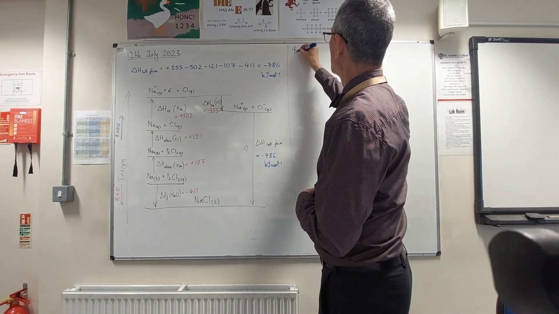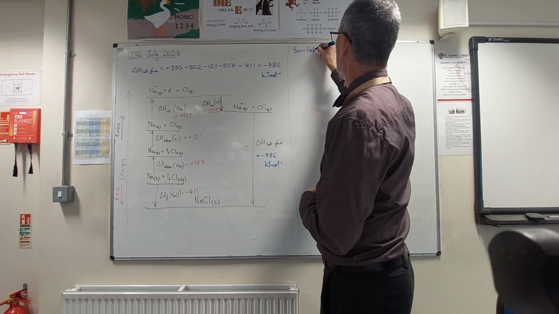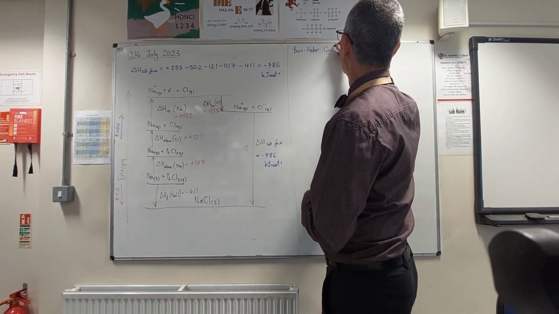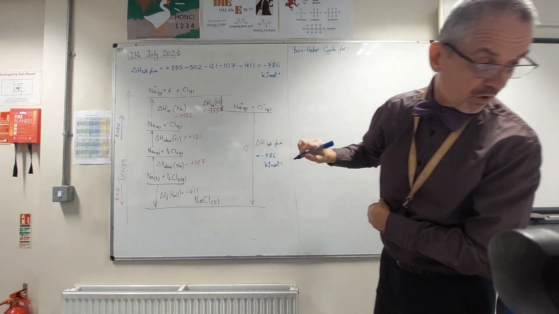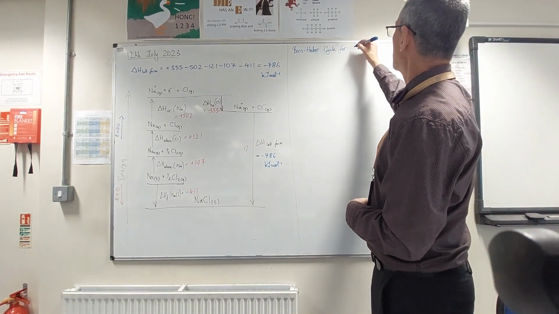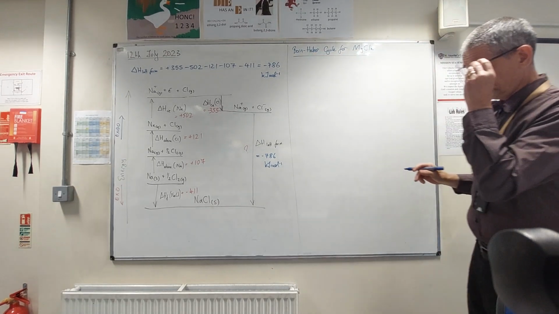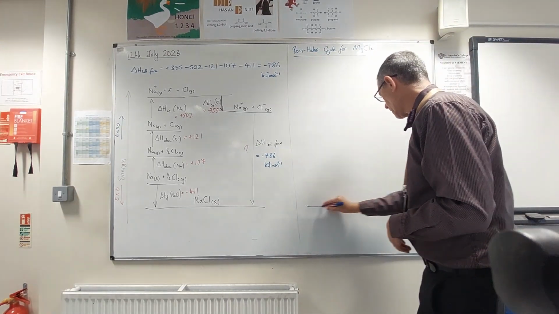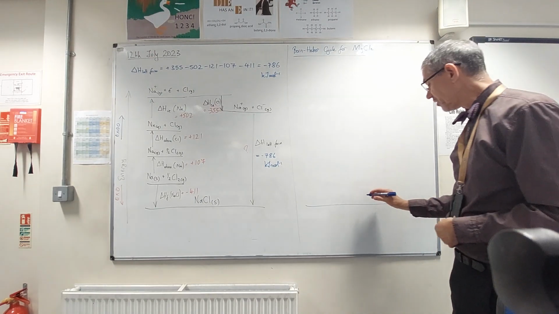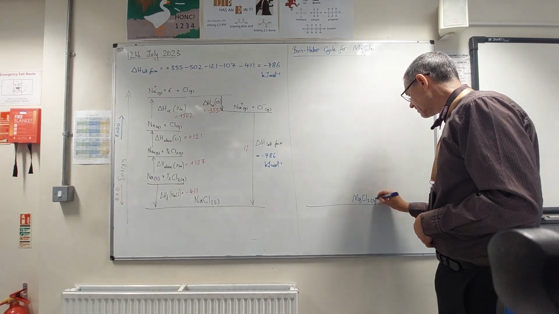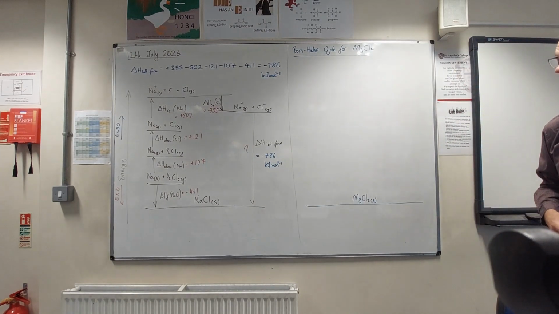Let's do a Born Haber cycle, for, what do we got here? Magnesium chloride. So again, we start off at the bottom with the salt in its standard solid state.